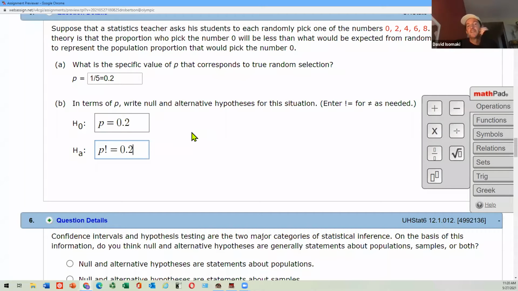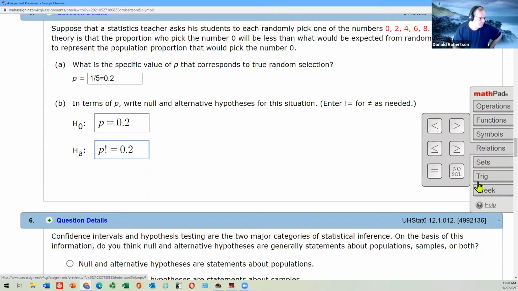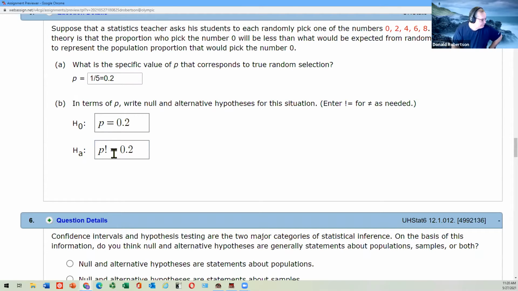I think that they just read that as doesn't equal. Okay, I wonder why you can't just find it over here. Let's see if it's hiding. Oh, come on. Couldn't they just put a little guy there with the not equal sign and you just hit it? Oh, come on, WebAssign. If you knew that was a problem, shouldn't you have gone over here and fixed your programming a little bit? Okay, it looks weird, but that's what not equals looks like. So I guess now we know if we ever have to put not equals, it's exclamation mark equals.